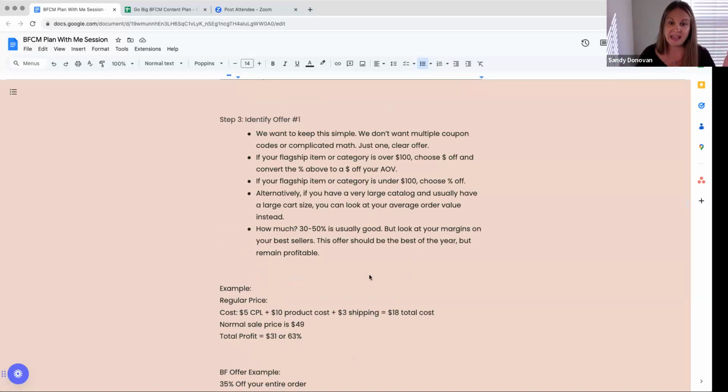Okay. If you do have a larger catalog, or if you want to offer different levels of percentage off per product, and you're going to set this up on your site so it's on automatic discount, no coupon codes or anything, you can do that.